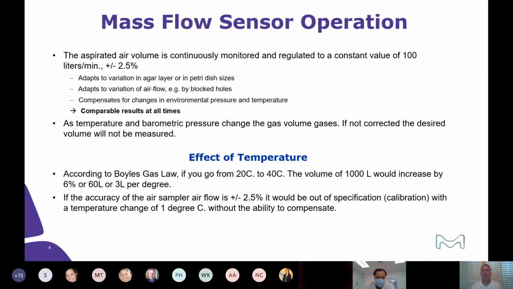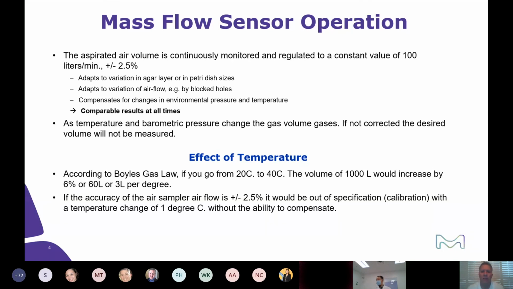So you're going to be able to compensate for all of those different changes inside of your environment, and also high altitudes or higher temperatures. So you want to make sure that your sampler is able to adjust to these different effects.